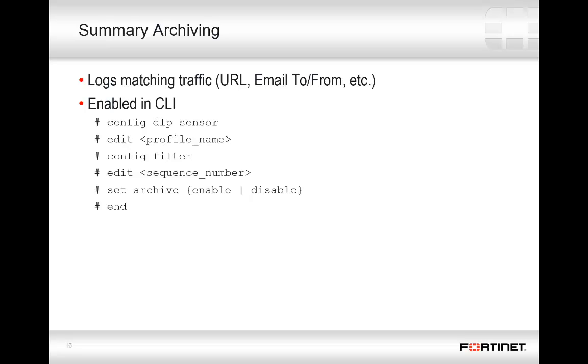If you were familiar with content archiving on older versions of FortiOS, you will recognize summary archives and full archives here. Summary archiving records a log message that summarizes the traffic and therefore will vary by protocol. For example, with an email message, the summary archive would contain the sender's email address, the recipient's email address, and the size.